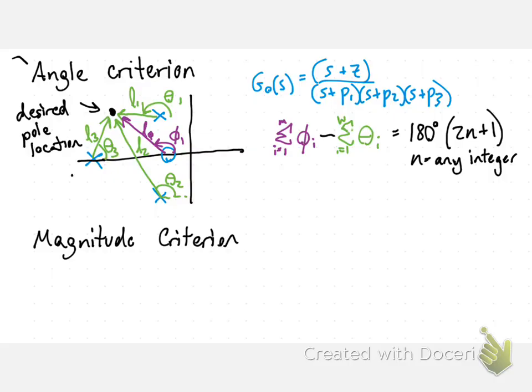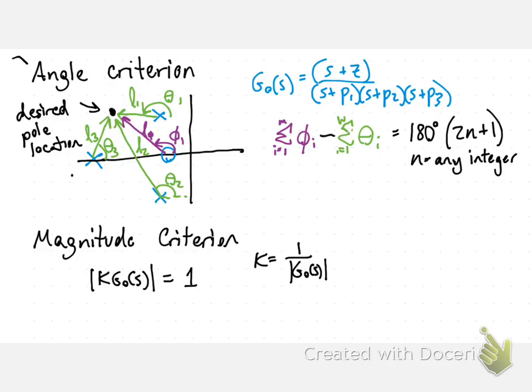Our magnitude criterion comes from the magnitude, where we say that the magnitude of K GO of s is equal to 1, since the magnitude of -1 is 1. And that tells us that K is equal to 1 over the magnitude of GO of s.